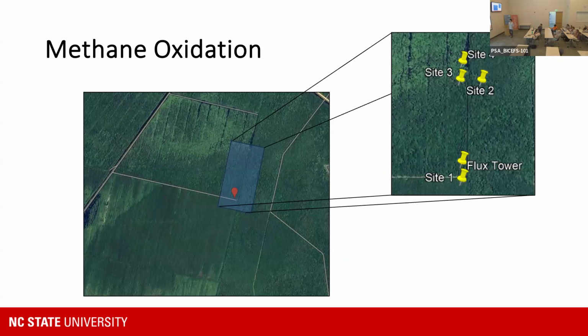And we've been taking gas samples from the soils here and running them through an isotopic analyzer to see the ratio of carbon-12 in this methane and carbon-13 in this methane. So those microbes that are consuming methane will prefer carbon-12. So you'll see in the sample, the ratio will swing towards a larger proportion of it being carbon-13 if there is a lot of oxidation happening and a lot of that removal of methane.